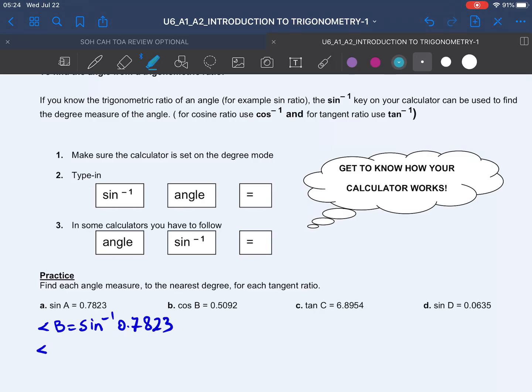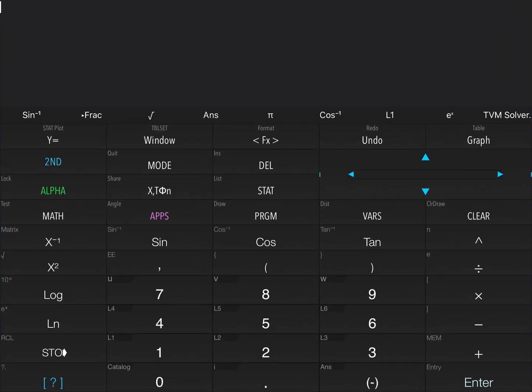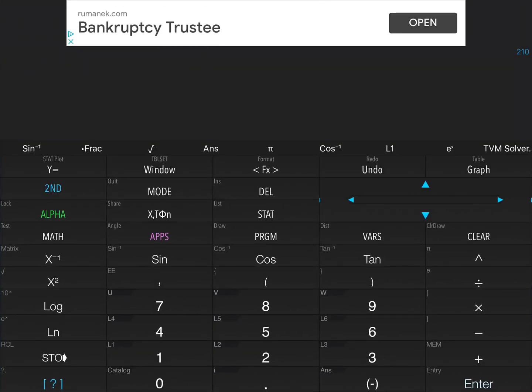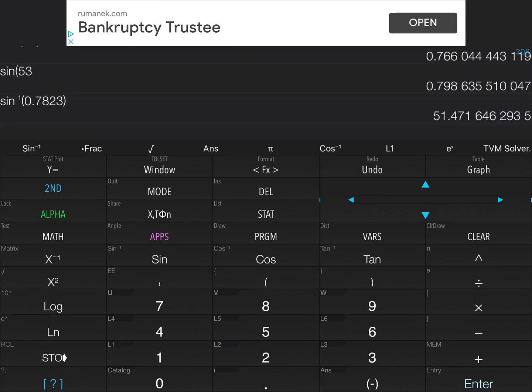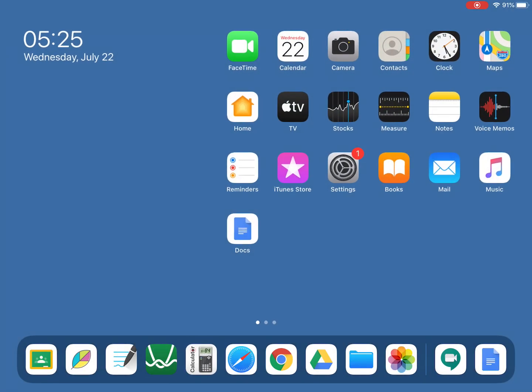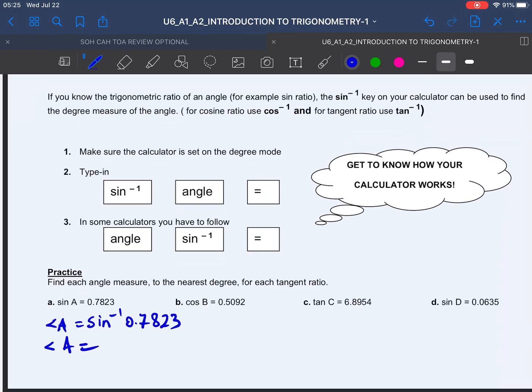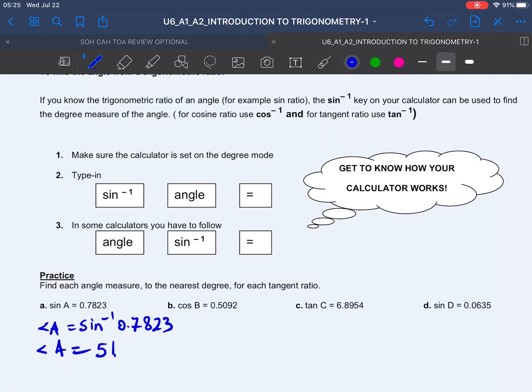Sorry, that's angle B right here, and that will make angle A right here equal to, double check again just to make sure, 51.5. That's what I thought, just wanted to make sure. And don't forget the unit measurements.